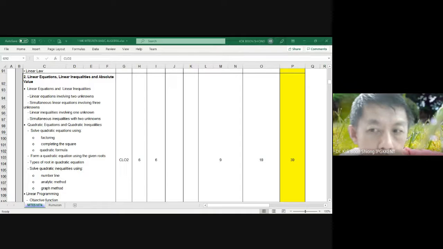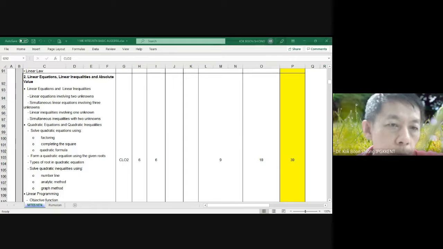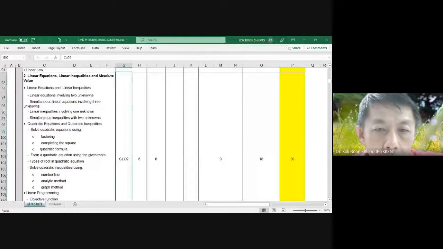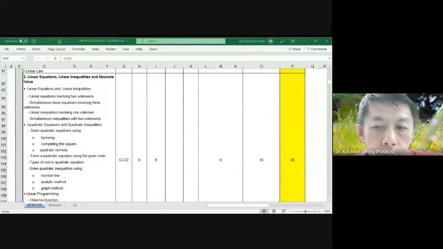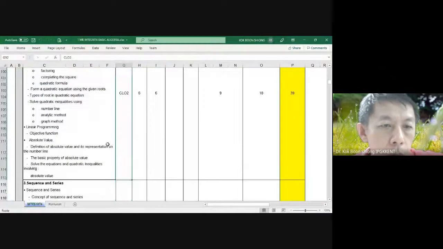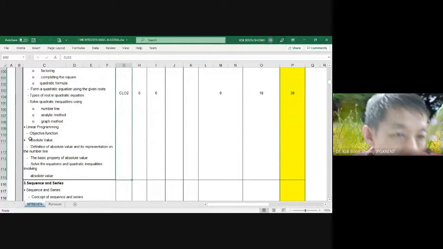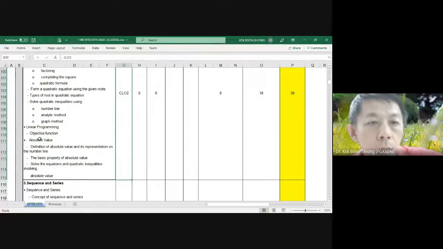So today we are going back to the first subtopic. As you can see from our syllabus, previously we went through linear programming because we wanted to let you have more time on your Task 2, your coursework.